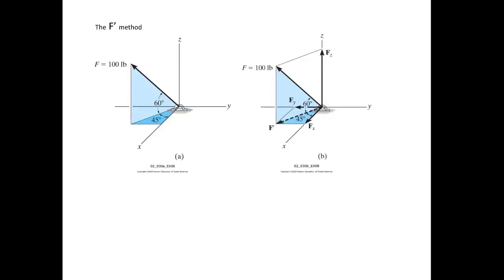Now, another method of understanding how to describe 3D forces, it's not really another method, it's just when different information is given to you, then you use this method, and I'll call this the F prime method. But what we have here is we have a force going up, and we have some angles that are defined here.